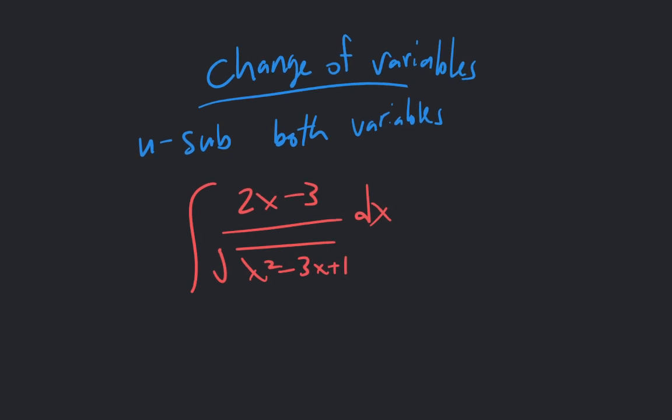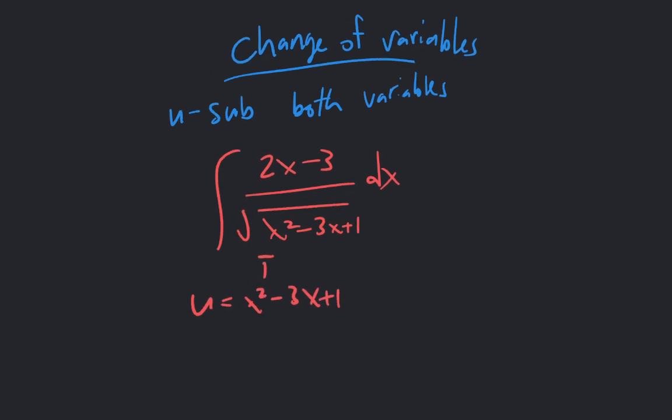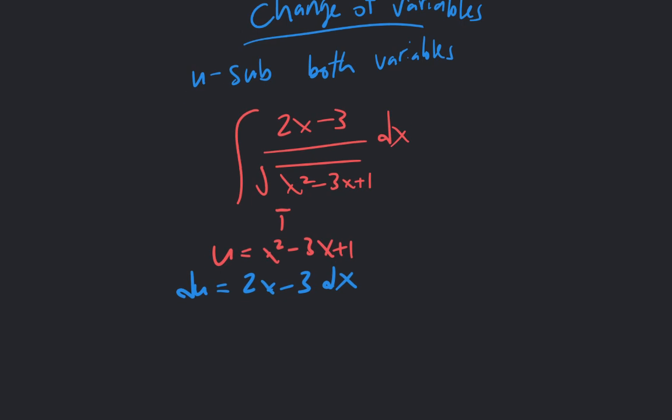Well, we could say, let's let u equal x squared minus 3x plus 1, and then we compute the derivative of that. du is 2x minus 3 dx. So then du over 2x minus 3 is equal to dx.